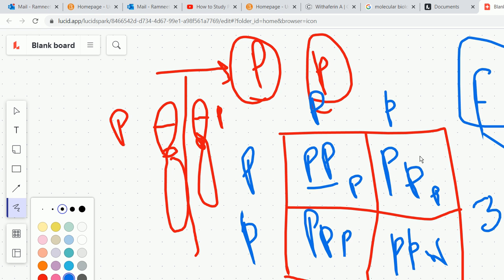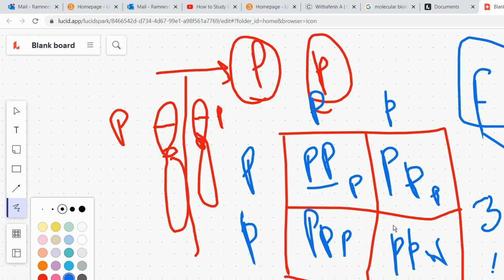Now if we look at the genotype, genotype is different, right? So basically this is purple, this is white, these are also purple. If you look at the genotype of this purple and this purple, this is homozygous purple, this is heterozygous purple, right? So if we look at the genotypic ratio, Mendel got one plant pure purple, two plants heterozygous purple, and one pure white.